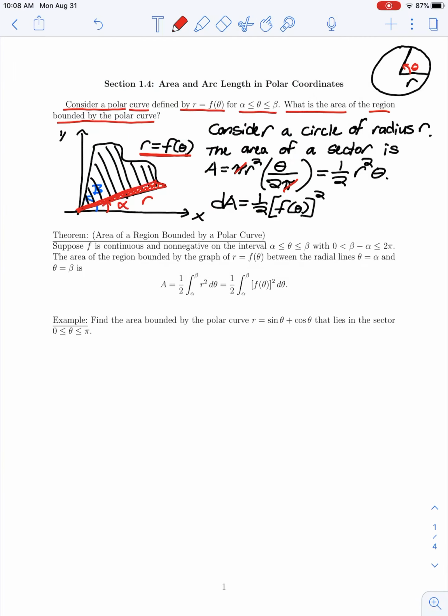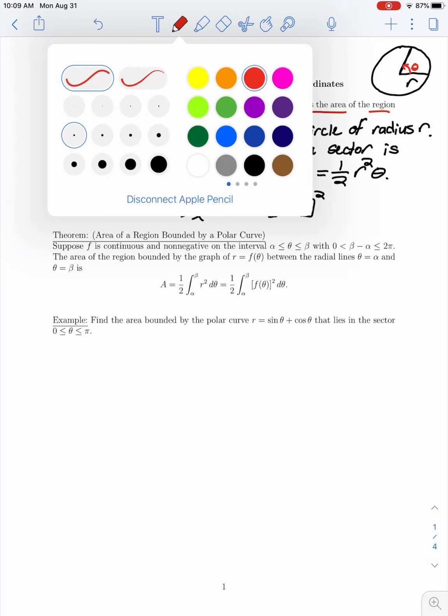If we're dividing this sector up into small little pieces, the angle measure that I would be revolving by is what I'm going to call a differential d theta. That is a small interval within that theta variable.